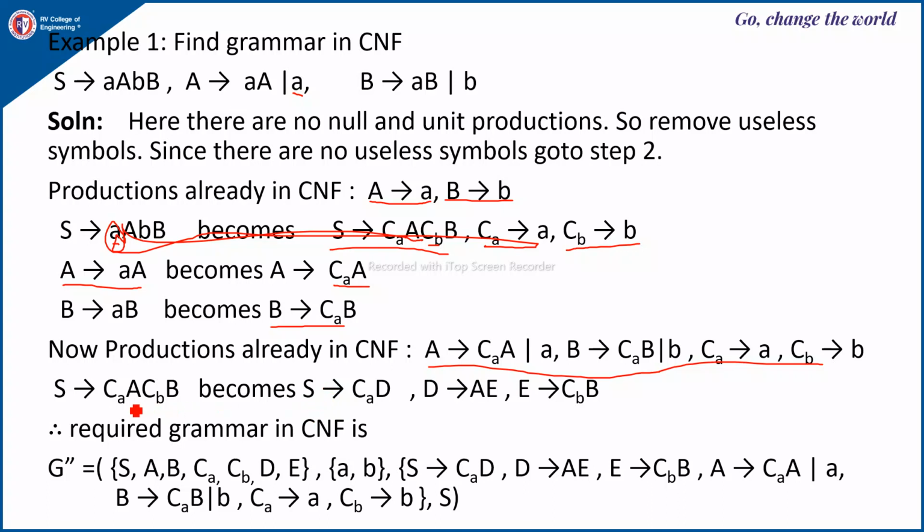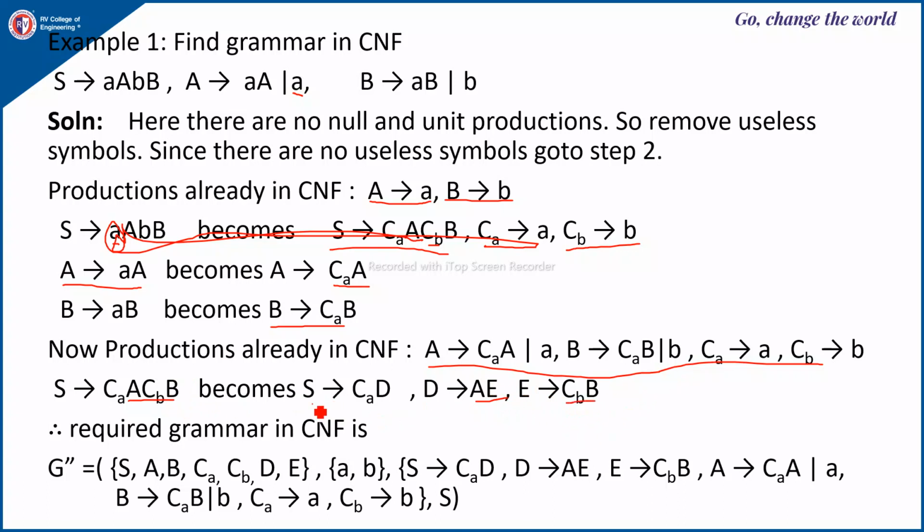I will consider S derives CA D, where D is replaced on the RHS by AE, where E is nothing but CB B.